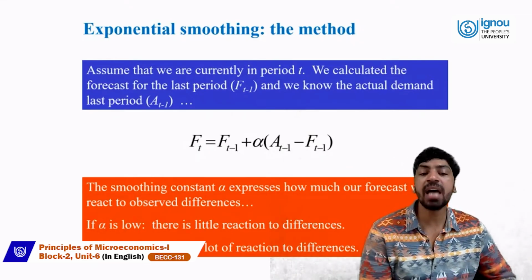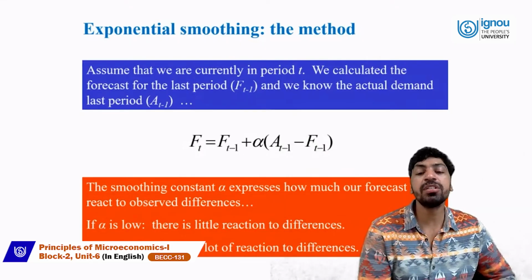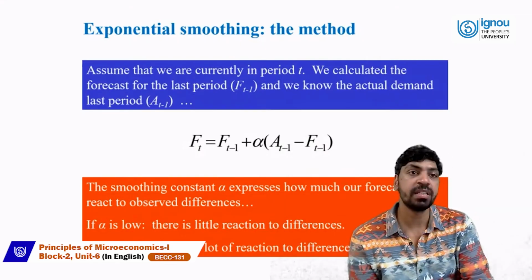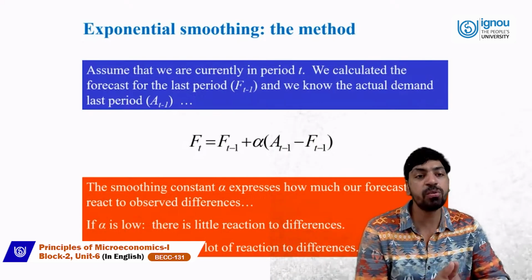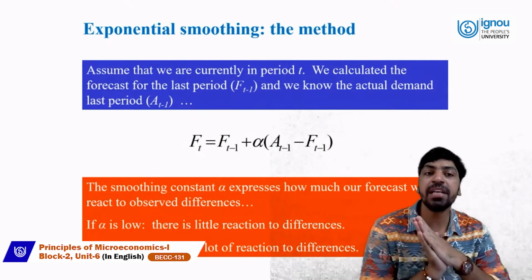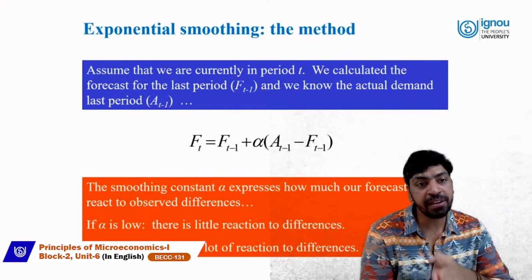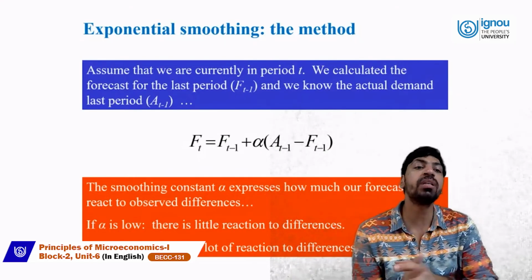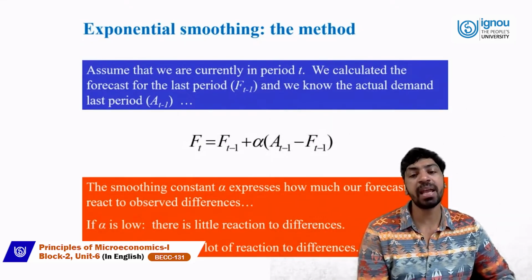If the alpha is high, there is plenty of reaction to the differences. So that's all about exponential smoothing, where it shows how to estimate the forecasting values of the particular scenario relevant to the actual period, symbolically A(t-1).